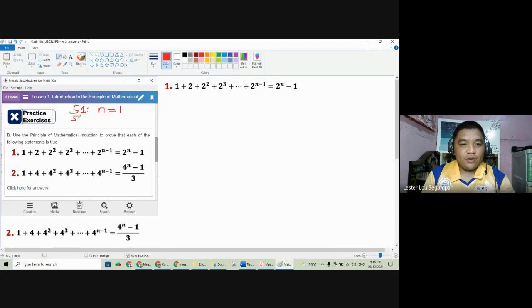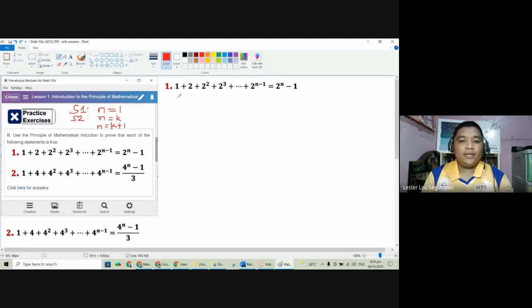Then in step two, we are going to show the expression when n is equal to k, and later on determine the identity that we are going to prove if n is equal to k plus 1. As I mentioned in the previous video, many references could also take this as step three or other arrangements of the steps, but nevertheless, our goal is to show that these are true.